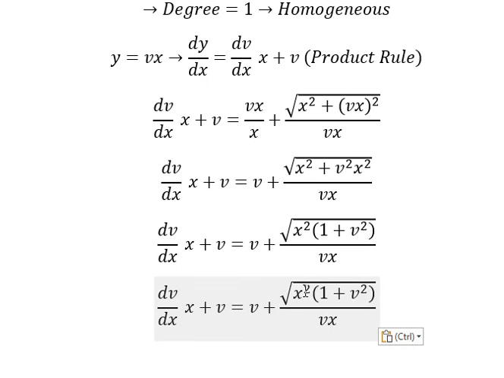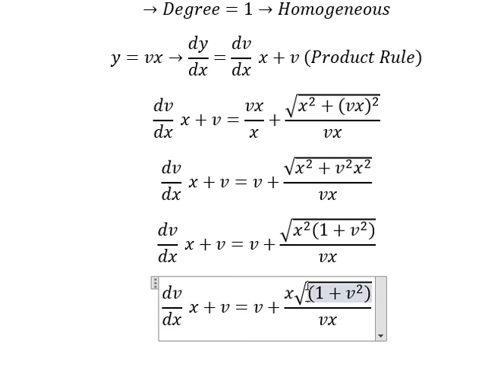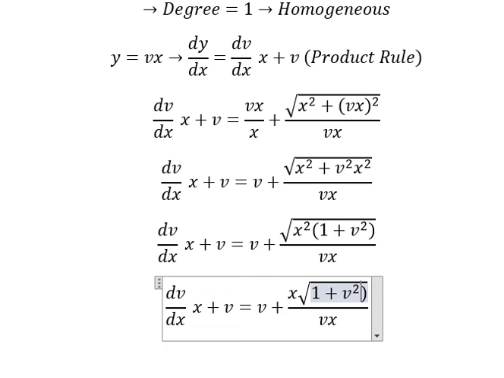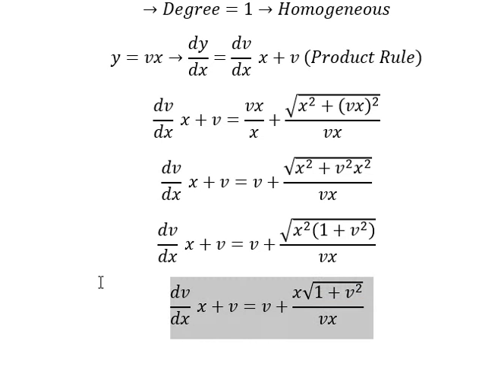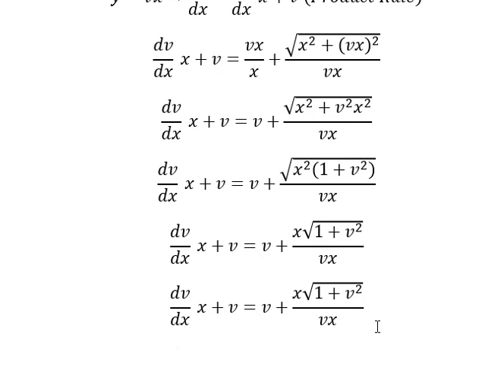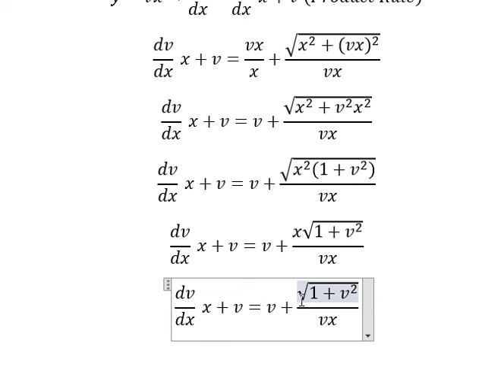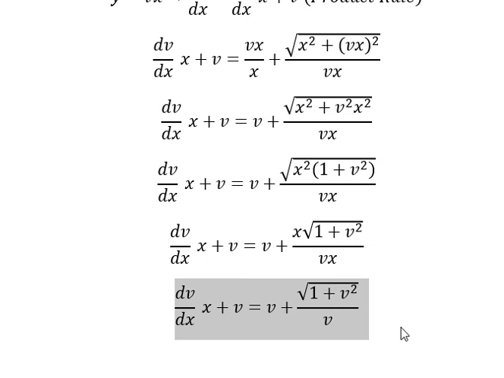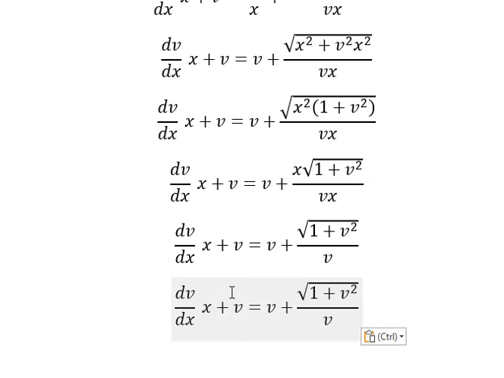The square root of s squared, we have s. Next, we simplify s on numerator and denominator. Next, we simplify v for both sides.